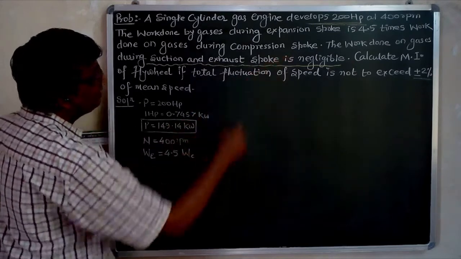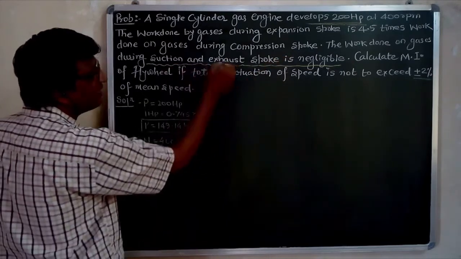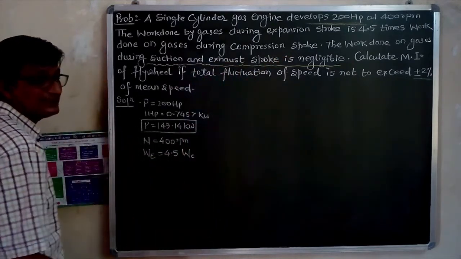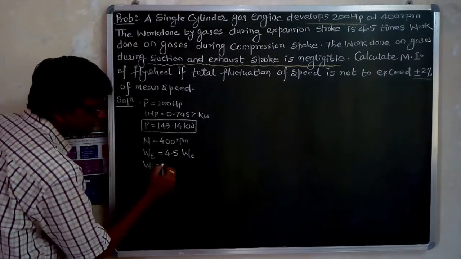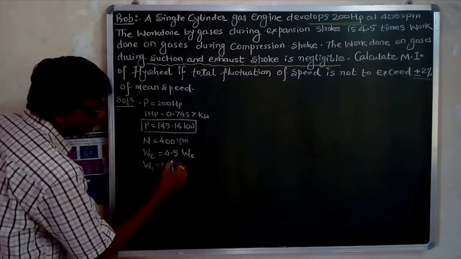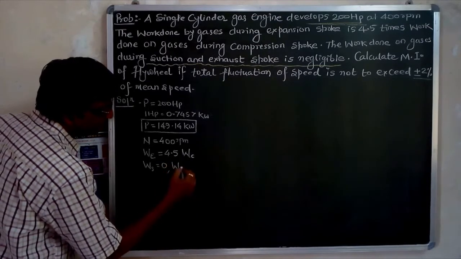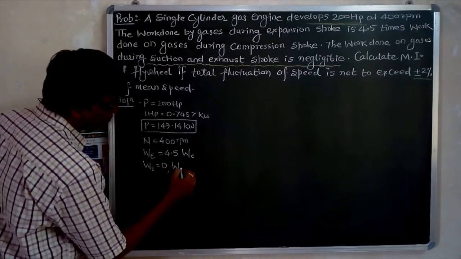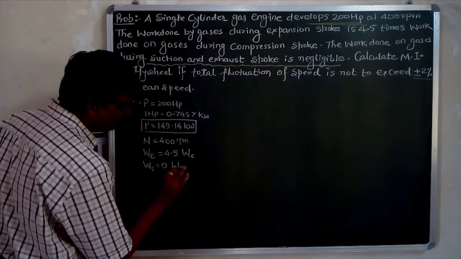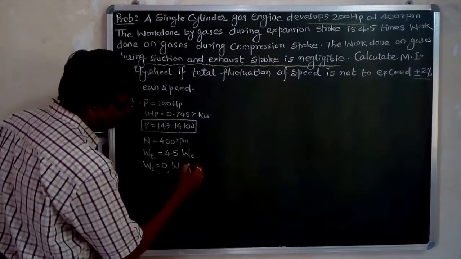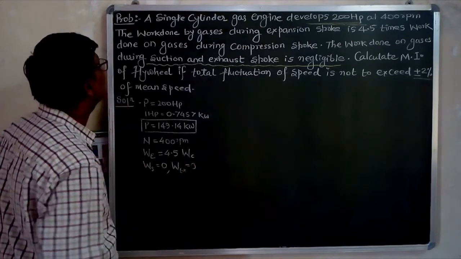Work done on gases during suction and exhaust stroke is negligible, so I can write work during suction is 0, as also work during the exhaust stroke, W exhaust, that will be 0.